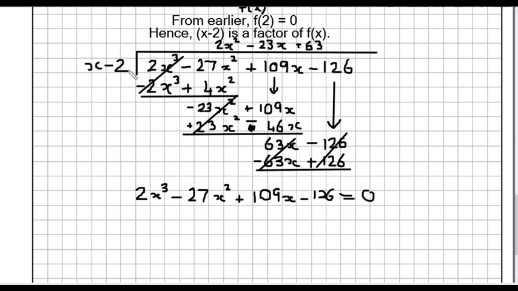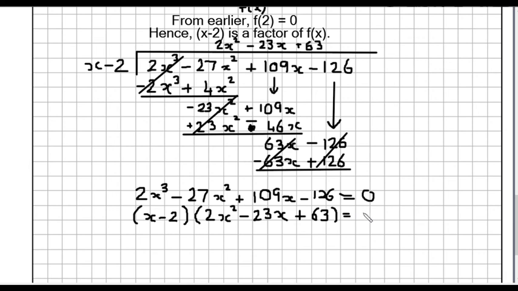Now, we divided x minus 2 into this, and we got 2x squared minus 23x plus 63, and we got a remainder of 0. What that means is that x minus 2 multiplied by 2x squared minus 23x plus 63 is the same thing as the left-hand side of this equation. So I can replace the left-hand side with x minus 2 by 2x squared minus 23x plus 63.